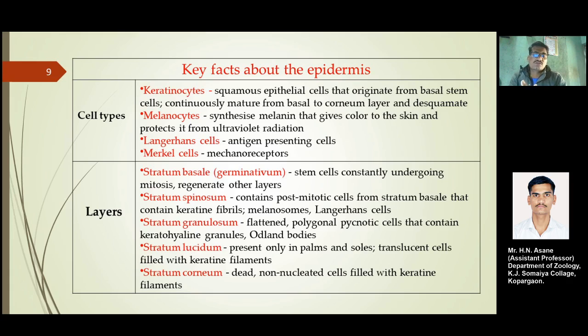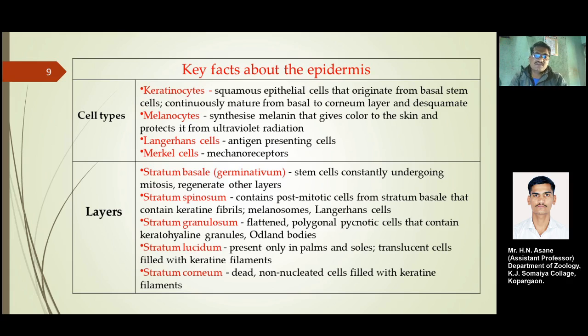The keratinocytes are the squamous epithelial cells that originate from the basal stem cells, continuously mature from the basal to the corneum layers, and desquamate, then vanish from there.